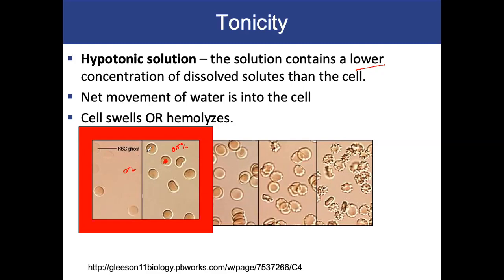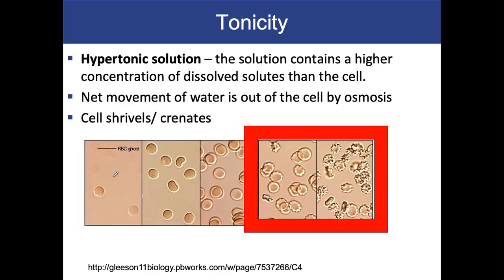So if this is 0.5 and this is 0.9, which way is water going to go? Water is going to move into the cell and swell it, right? So the cell is going to swell in a 0.5% solution, and it's going to hemolyze in a 0% solution. Hemolyze means to blow up. And so notice water moved into this red blood cell and blew it up or burst it.